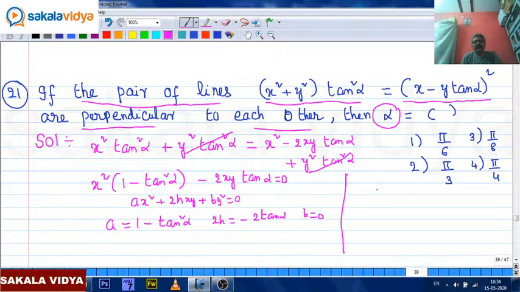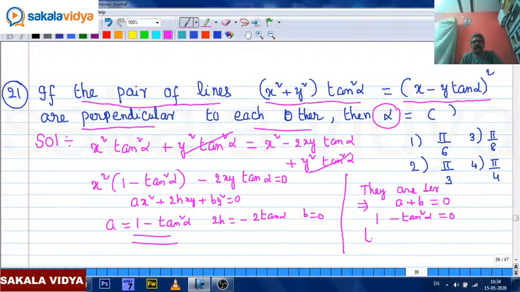Since the lines are perpendicular, a plus b equals 0. So we get 1 − tan² alpha = 0, tan² alpha is equal to 1. That means this is tan² 45 degrees, because tan 45 is 1. So alpha is pi by 4. That means the fourth option is the right option.